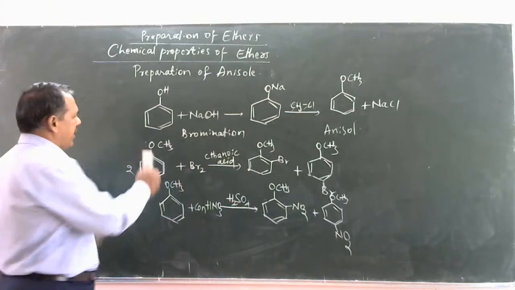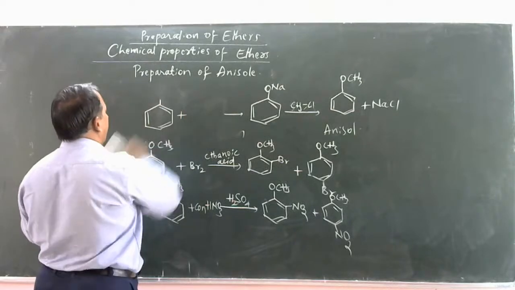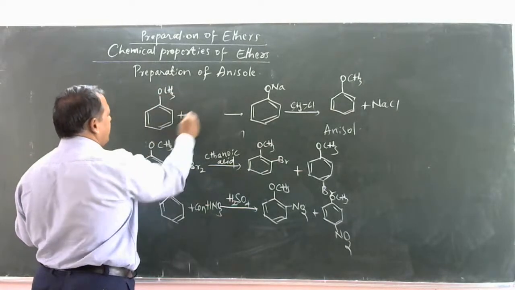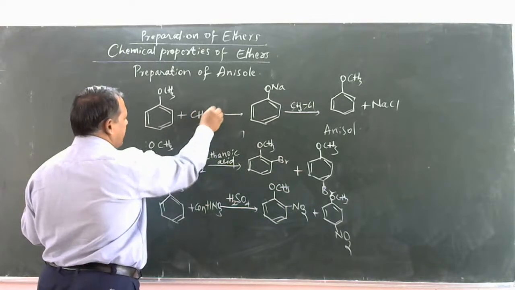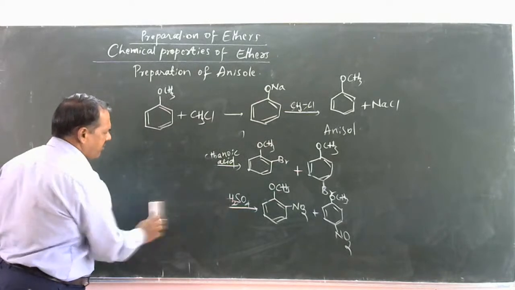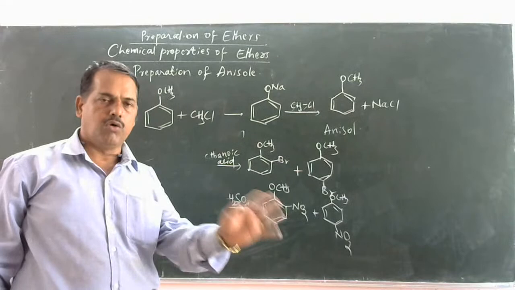Even if you go for Friedel-Crafts alkylation, see, another important reaction, the last reaction which I have to study is the Friedel-Crafts reaction. When anisole OCH3 is treated with methyl chloride CH3Cl, what is the reagent we are going to use? That is anhydrous aluminium chloride.